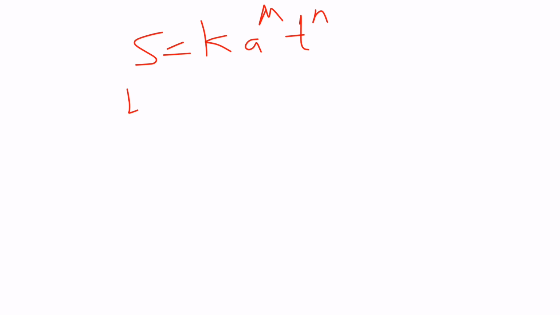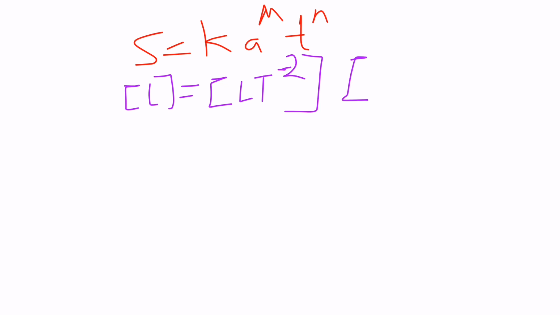The dimension for displacement is L. Then the constant, we don't write it. Then we write the dimension for acceleration, which is L T to the power negative 2, because meter per second squared. Then also t, the dimension for t is just T, to the power n. So here to the power m. We're just writing like that, nothing else.